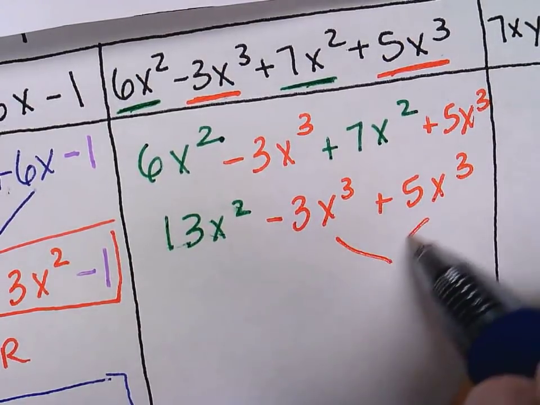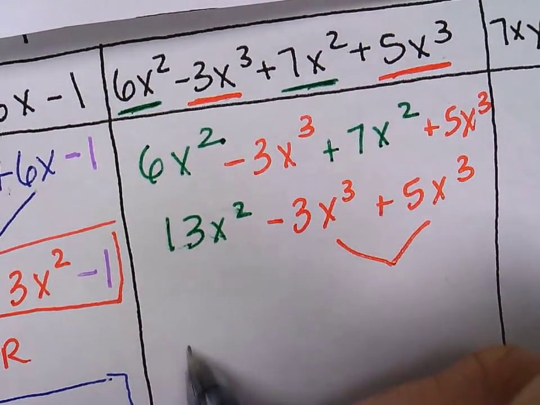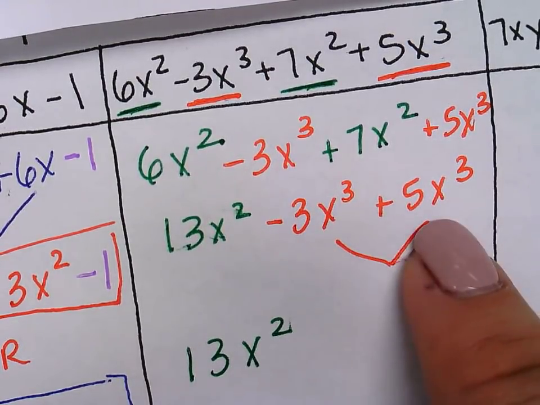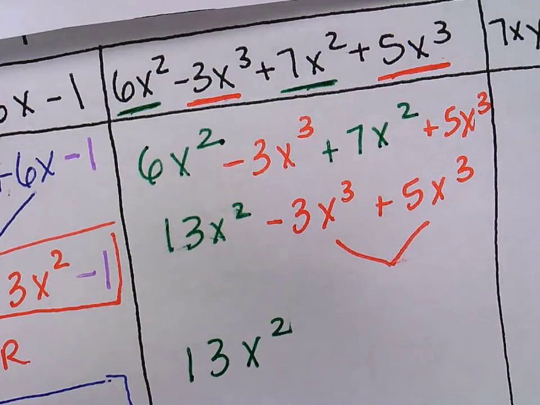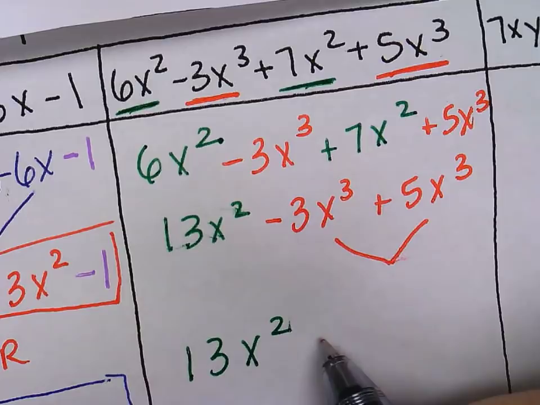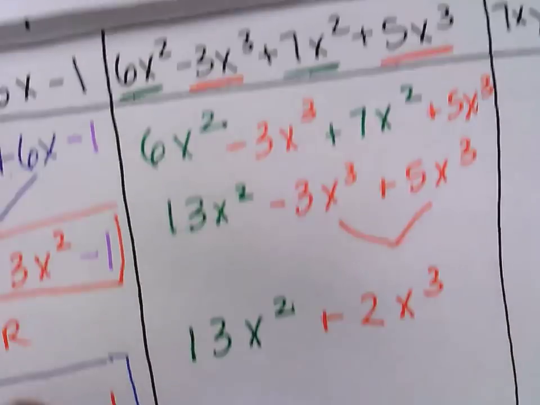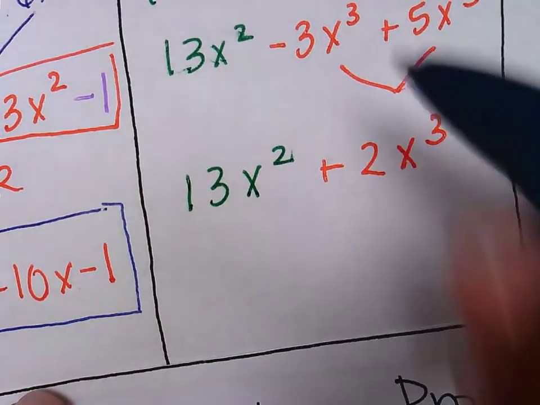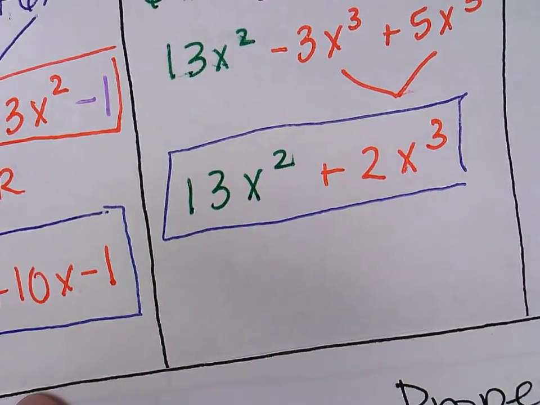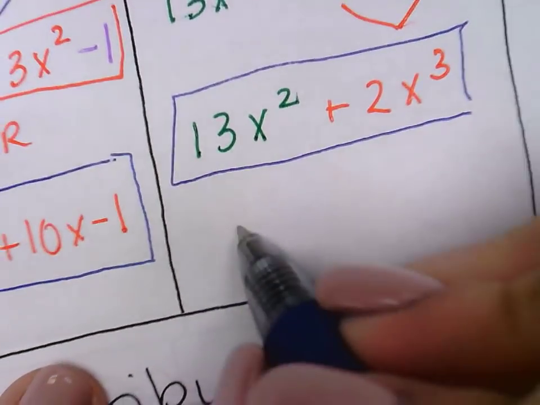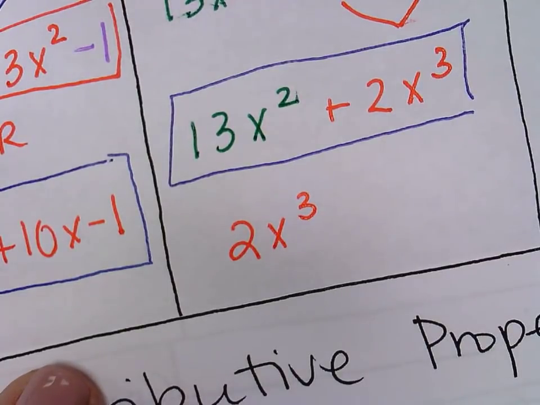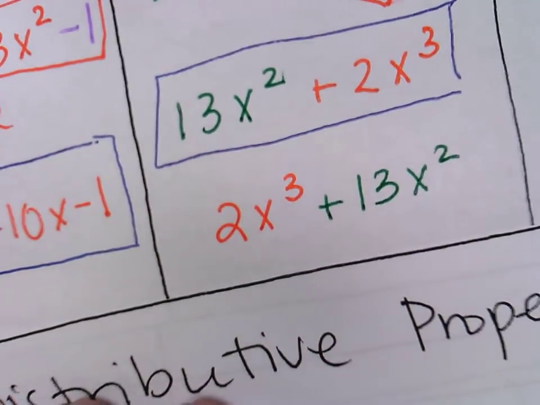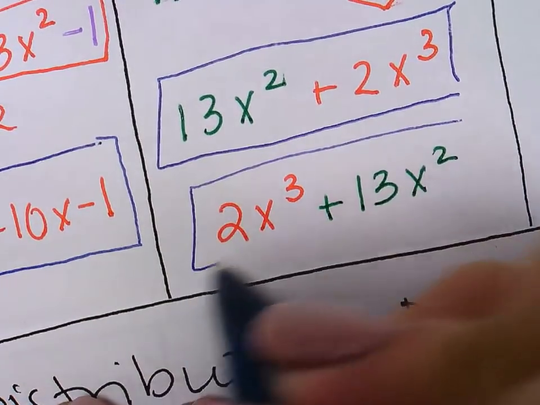I can combine these two, and negative 3 plus 5 is the same thing as saying plus 2x cubed. And like I said, you could leave it as this answer, but if you want it to be more precise, you would write 2x cubed plus 13x squared, and you can't combine anything else. So this is your final answer.